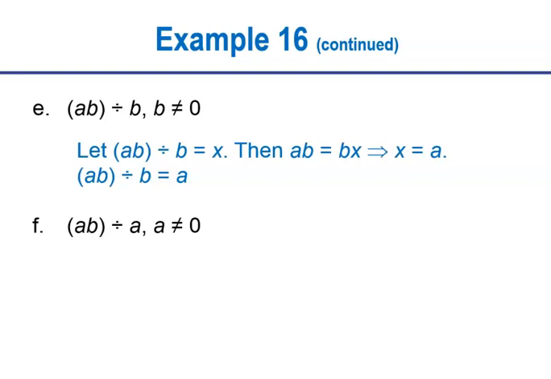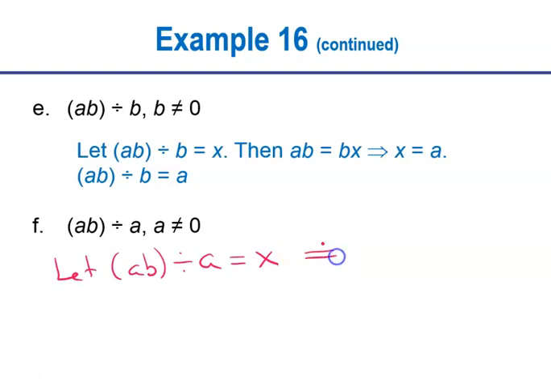So I've got AB divided by A, and this time A is not equal to 0. You know why, right? Because we're not allowed to divide by 0. So again, we're going to let AB divided by A equal, let's let it be X this time so we're consistent with the typed up answer.